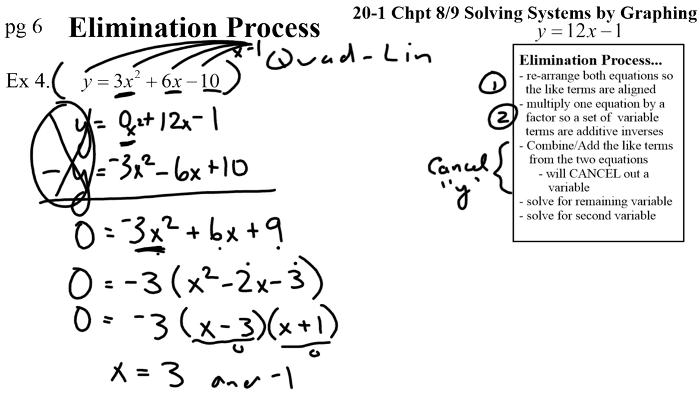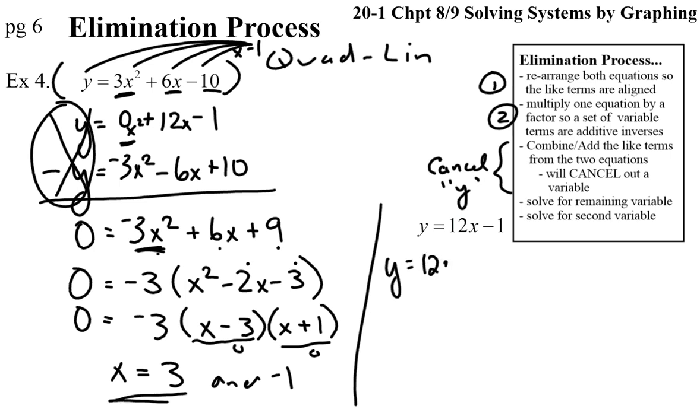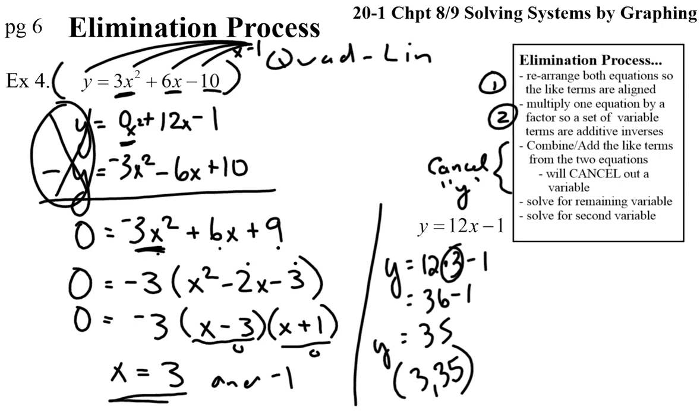So at that point, now I have to solve for y's, plug back into one of the initial equations we had. y equals 12 times, we think x is 3. So we get 36 minus 1. y is 35 when x was 3. So (3, 35) is one solution.